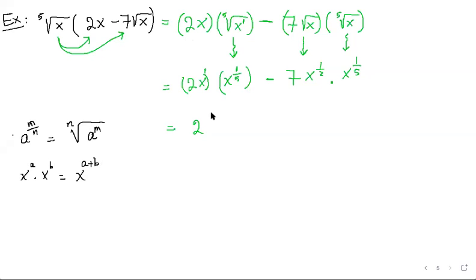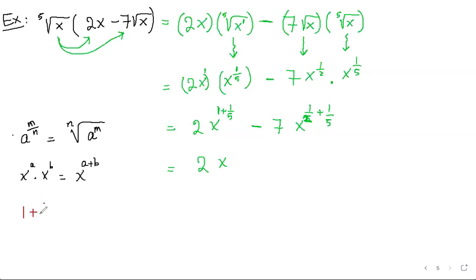So this is equal to x to the power 1 plus 1 over 5, and 1 plus 1 over 5 is 6 over 5. Minus 7 x to the power 1 over 5 plus 1 over 2, plus 1 over 5. And they give me 2. 1 plus 1 over 5. Let me do it here.